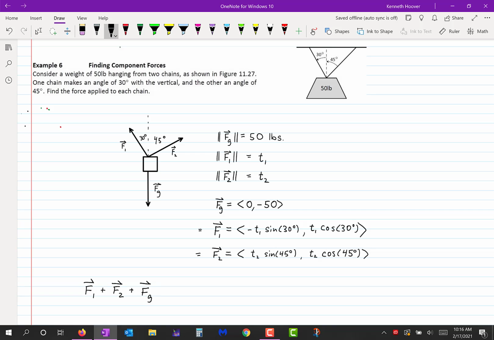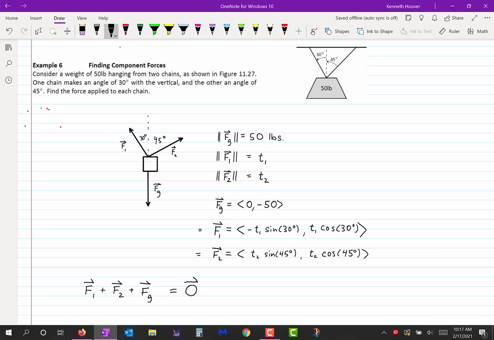Now, that must equal, in this case, the zero vector. Those three vectors must equal the zero vector. And here's the reason why. One of Newton's laws of motion says that force equals mass times acceleration.